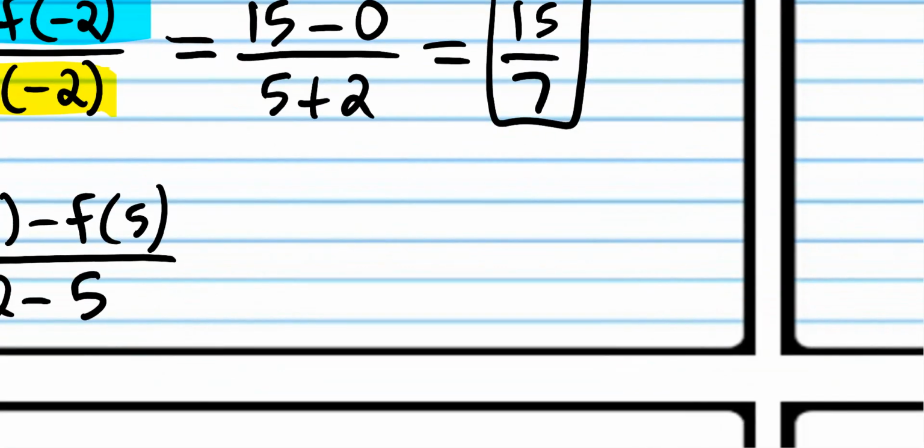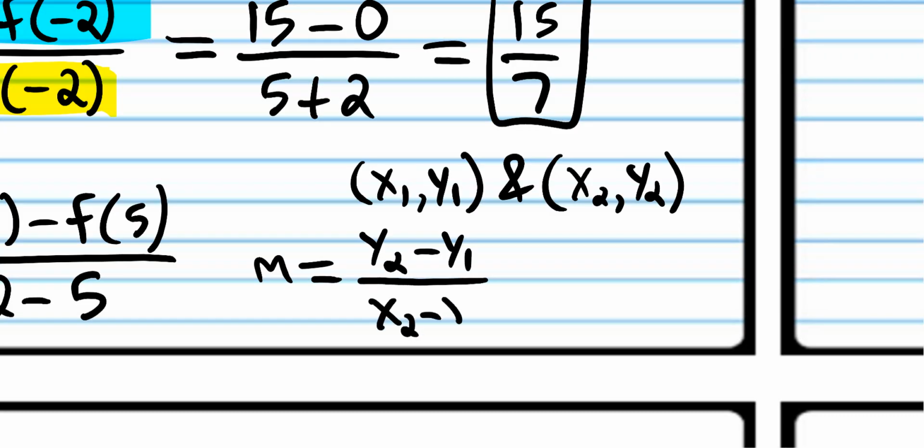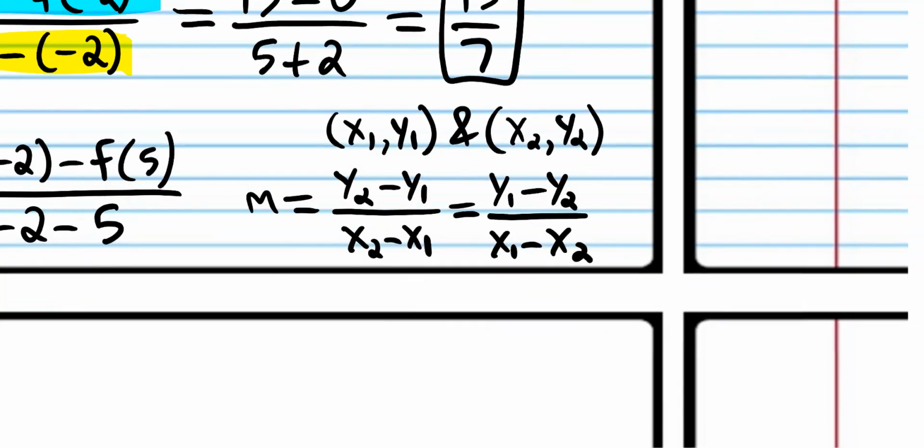So if you have 2 points, x1, y1, and x2, y2, the slope can be written as y2 minus y1 over x2 minus x1, but it can also be written as y1 minus y2 over x1 minus x2.